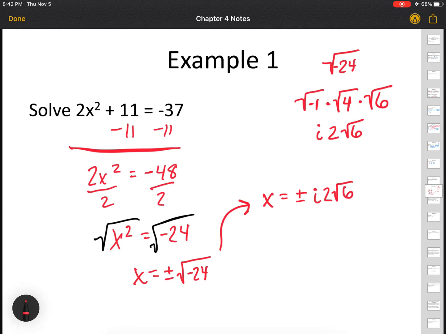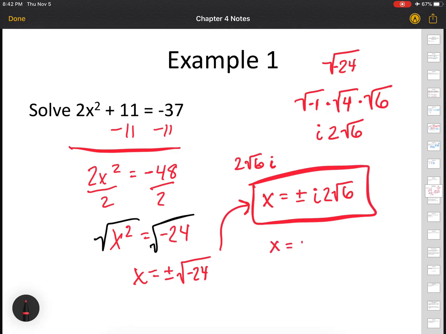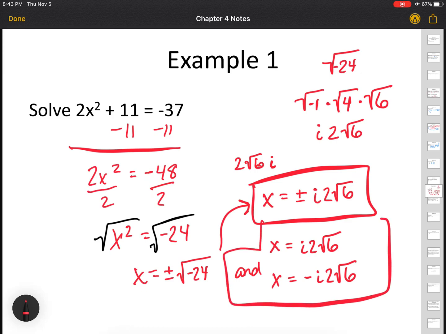Or you could even rearrange it like 2 square root of 6 i, as long as the i is out from underneath that square root. They all mean the same exact thing. So again, that tells me I have two answers here: the positive case of i times 2 times the square root of 6, and the negative case of i times 2 square root of 6. That plus or minus in the answer tells me I'm splitting it into two separate answers.